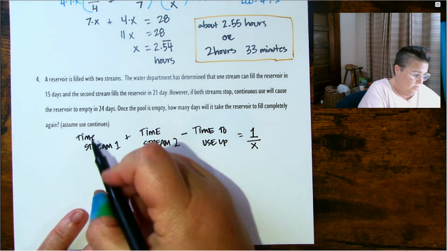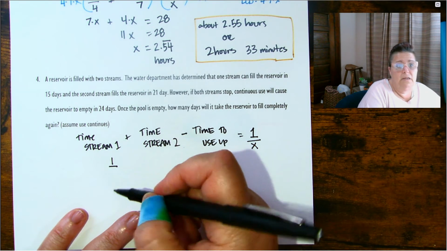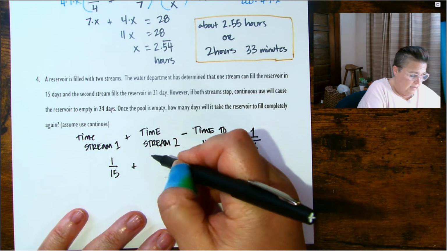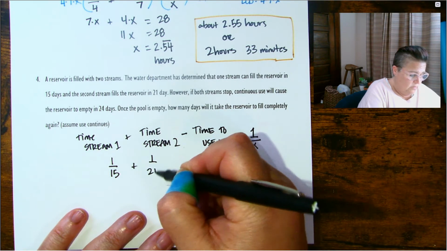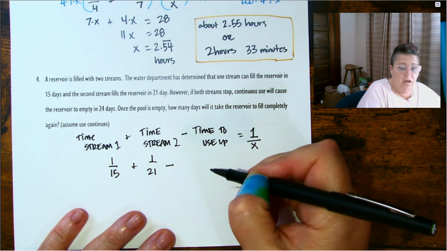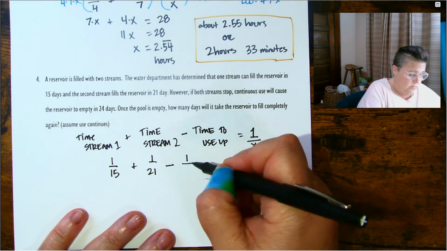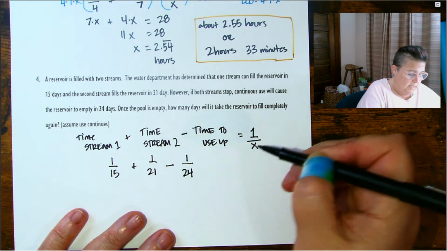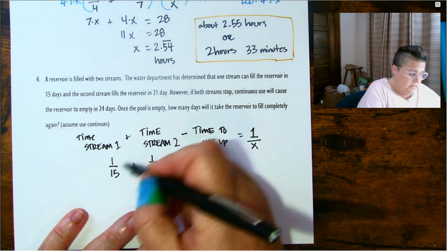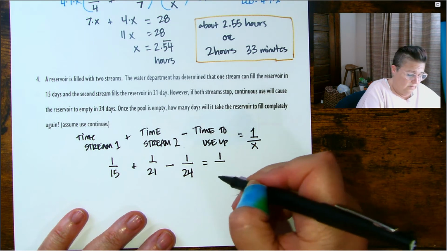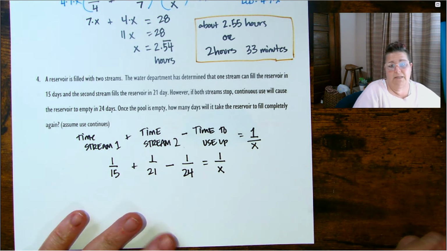All right. So stream 1 would be 1 stream fills in 15 days. The second stream fills in 21 days. But if those are gone, then we're able to empty that 1 reservoir in 24 days. If all of these are working in tandem, we will have 1 full reservoir in how many days?